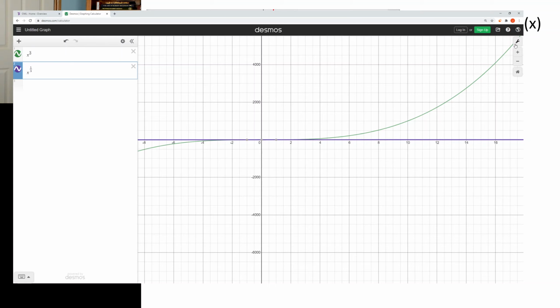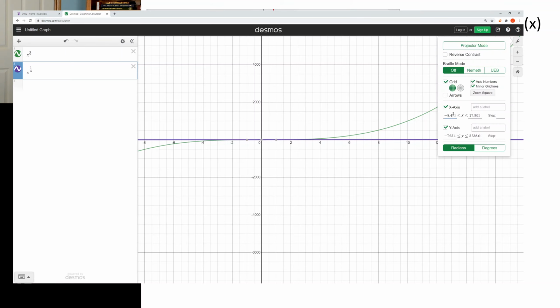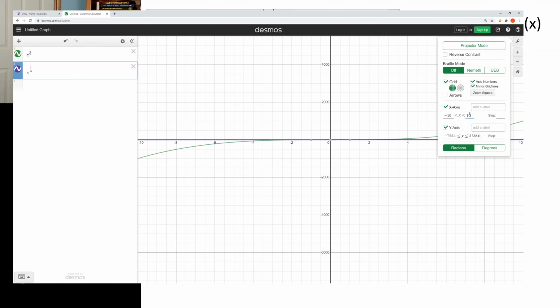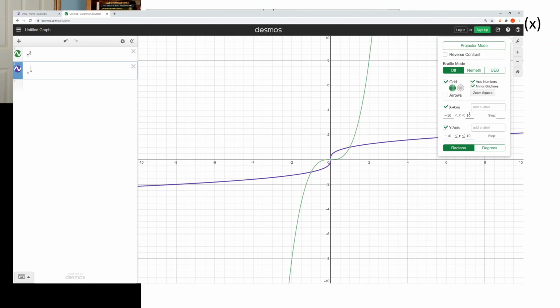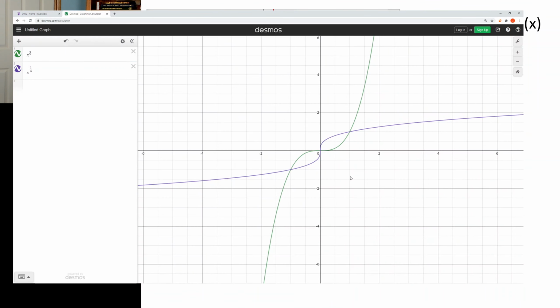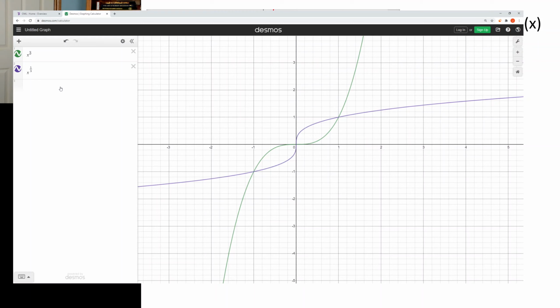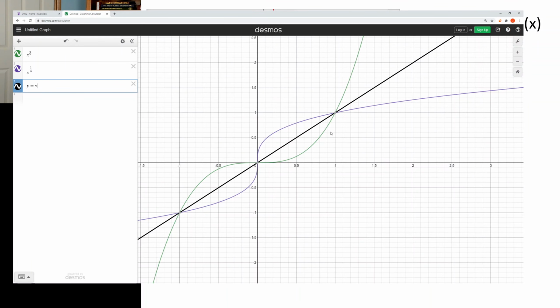I have to change my axes. Let's go minus 10 to 10. Okay, so there's the two functions. I'm also going to graph the line y equals x together. And the green curve and the purple curve are reflections about that black line.